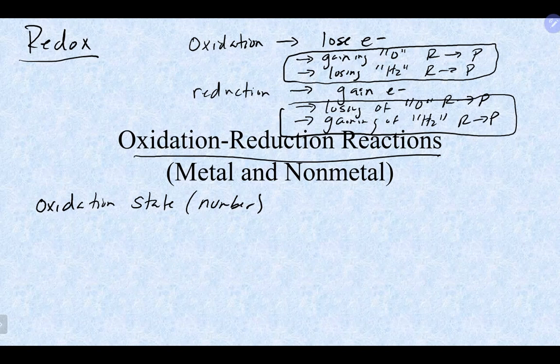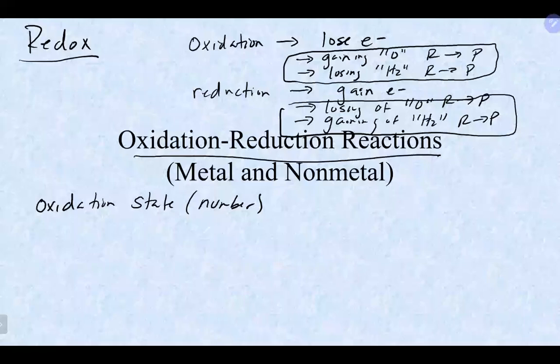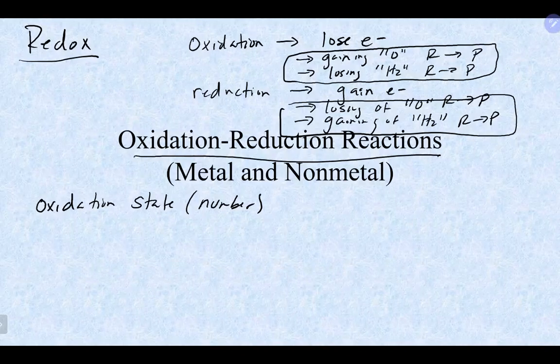So sometimes things that we normally think about in an ionic compound situation, for example chlorine, we typically think of as always being -1 in all situations. It is definitely -1 in an ionic compound. When you hook it up with a metal, it's going to have a -1 oxidation state.